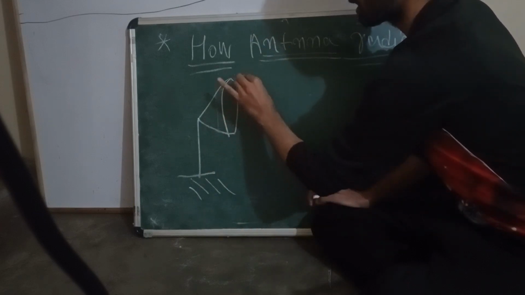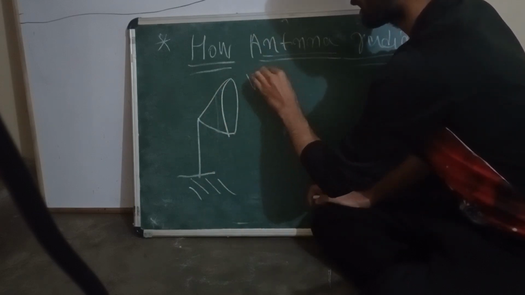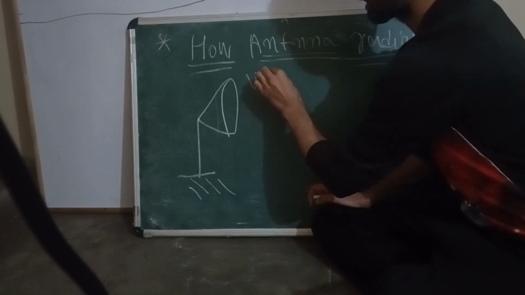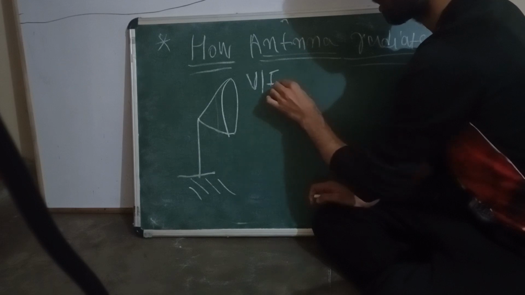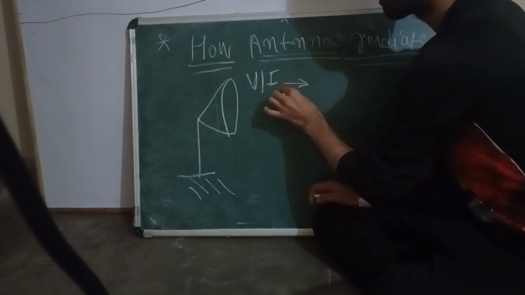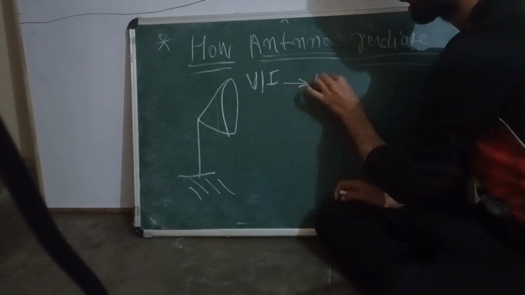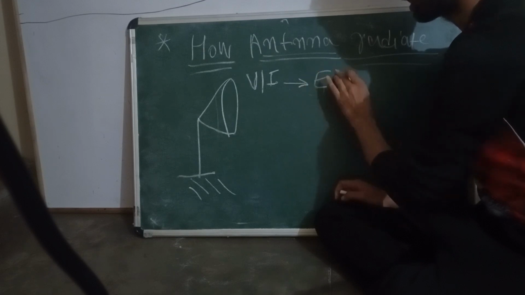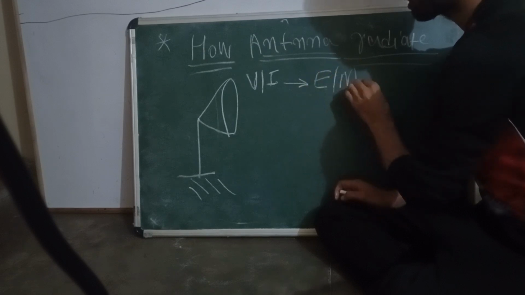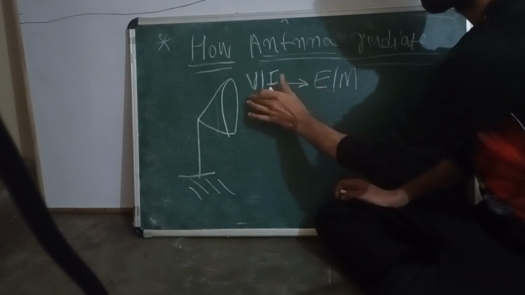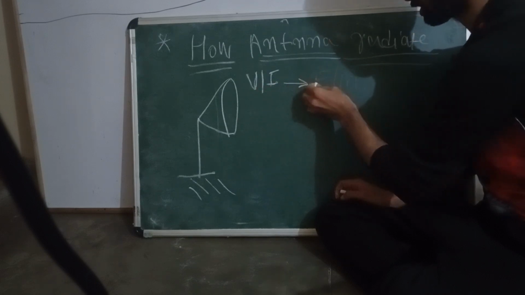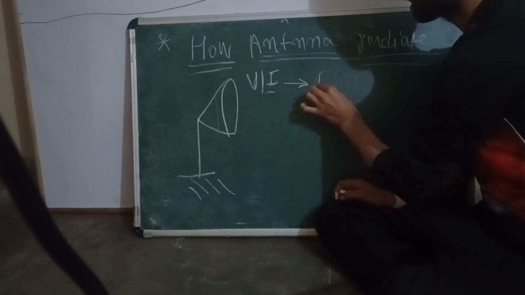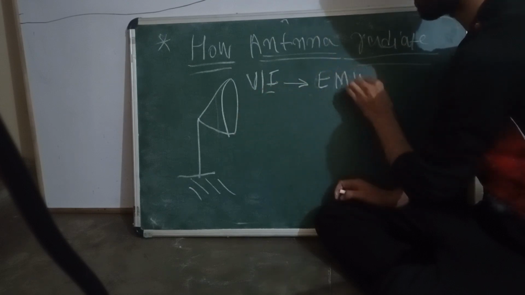It converts electrical energy, meaning voltage and current, into electromagnetic wave. Voltage and current oscillation into electric and magnetic field oscillation. VI oscillation into EM wave.